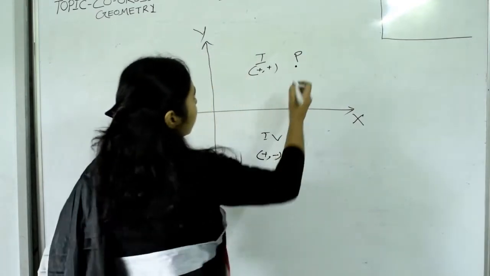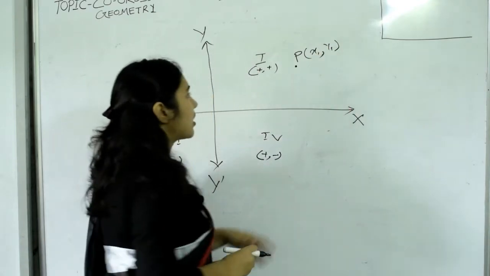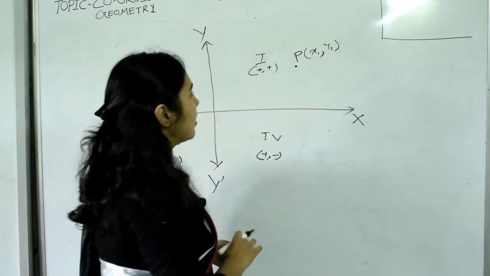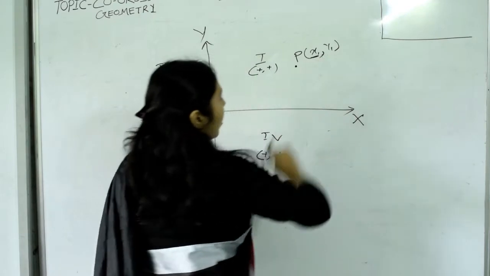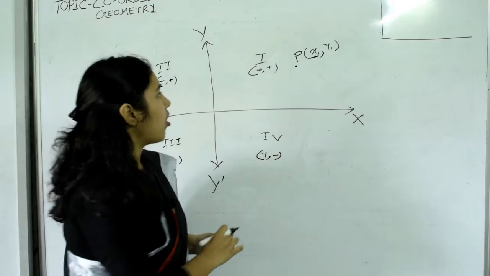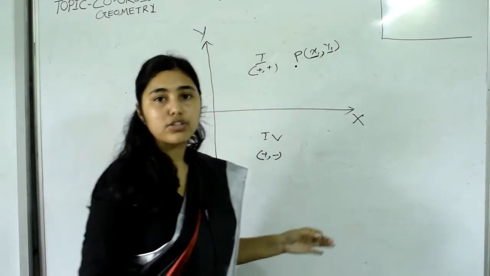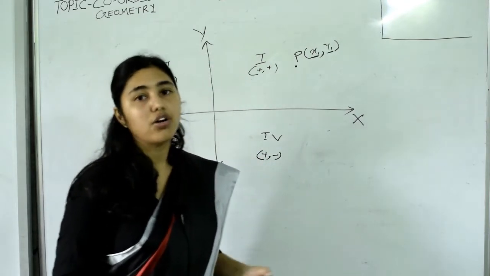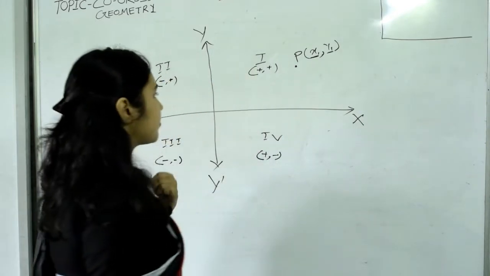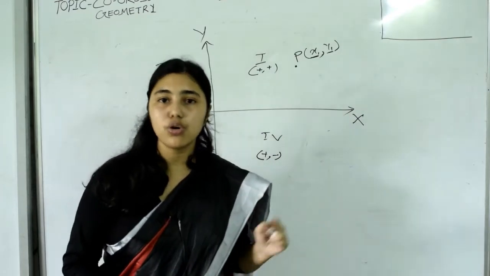Suppose x1 and y1 are the Cartesian coordinates of this point P. Then x1 is the x coordinate, which is the abscissa, and y1 is the y coordinate, or we can call it the ordinate. Now in this chapter we will learn how to find the distance between 2 points.